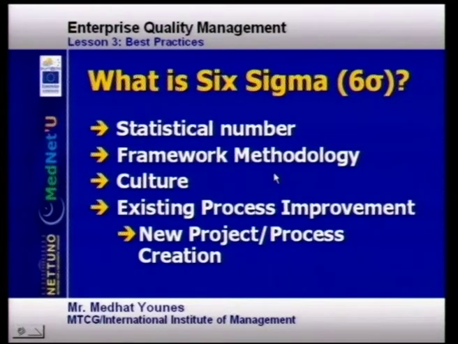Sigma is a Greek mathematical or statistical symbol used to define variations or variance in performance, and thus used to measure consistency or quality. The system scores the quality of a process from 0 to 6, with 0 being bad quality and 6 being perfect quality with no defects.